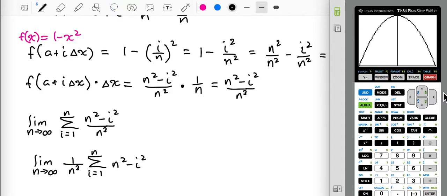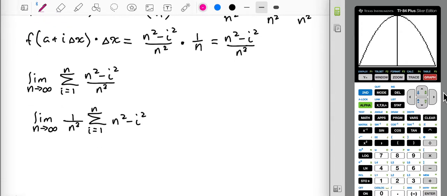All right. Now, something else that we learned previously or reviewed is that when you have a summation that contains a sum or a difference, we can split that up. All right.